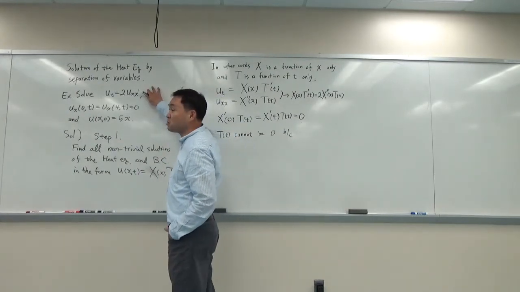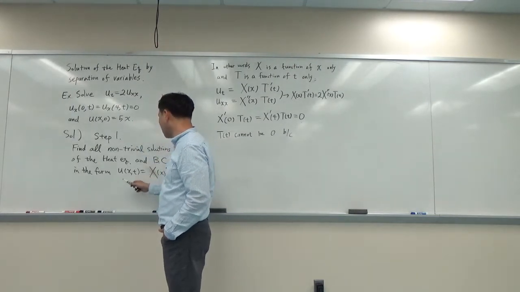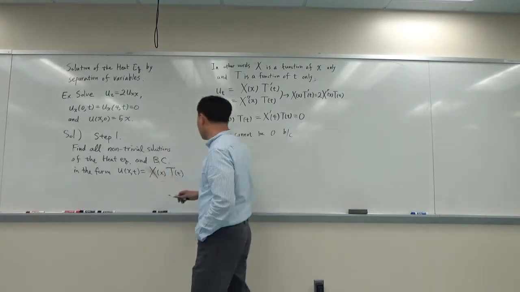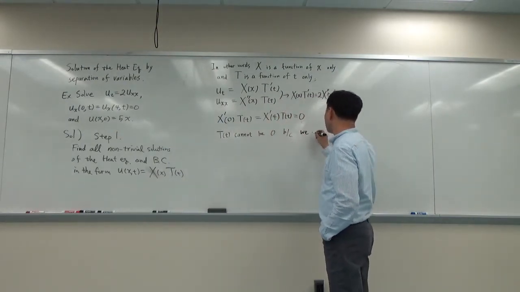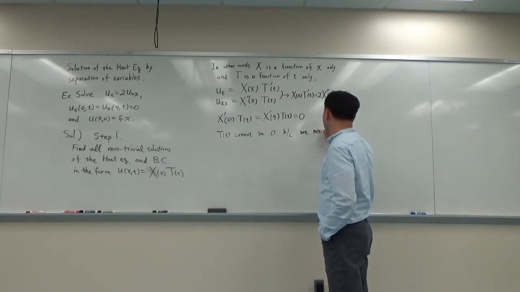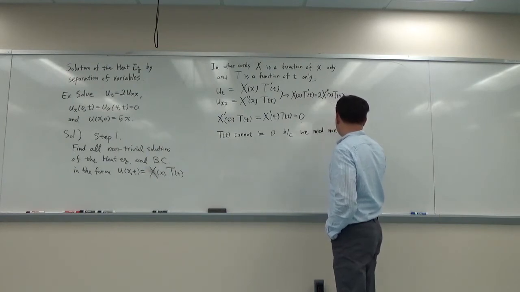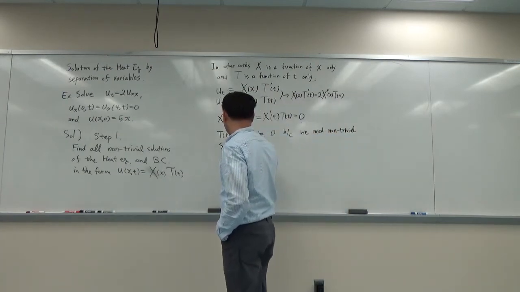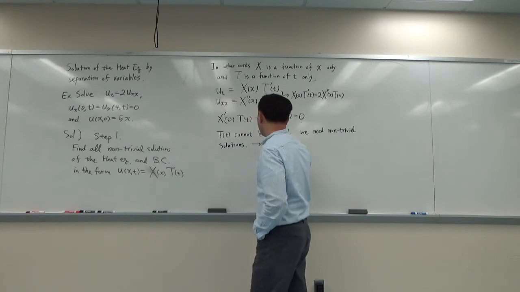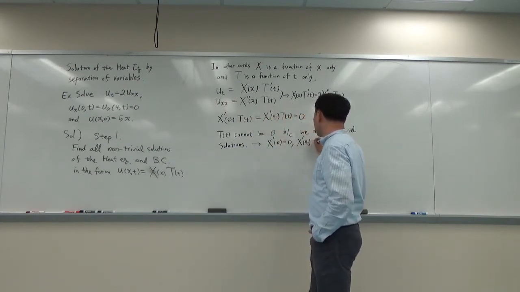So because we want non-trivial solutions, we cannot have T of t as 0. That means X prime of 0 must be 0, and X prime of 4 must be 0.